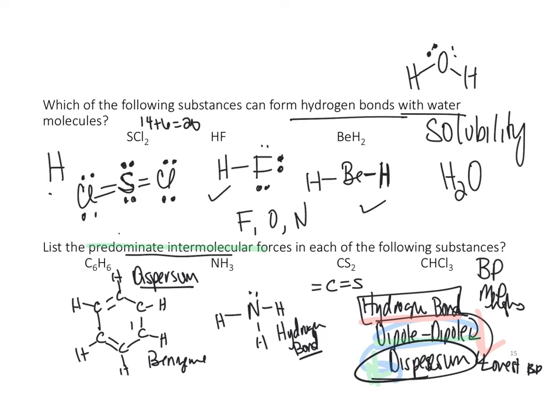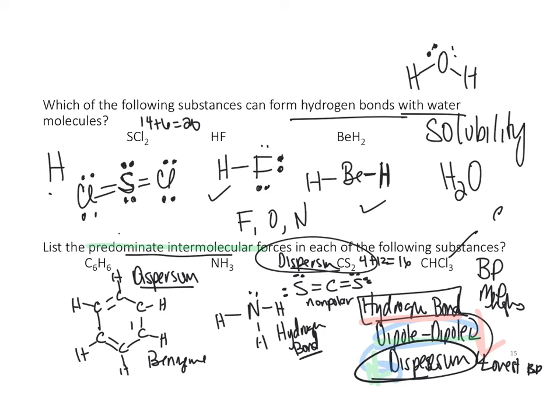Carbon, S2, so 4 plus 12 is 16. 1, 2, 3, 4, 5, 6, 7, 8, 9, 10, 11, 12, 13, 14, 15, 16. This is nonpolar. Do you see the symmetry? So this would be dispersion.